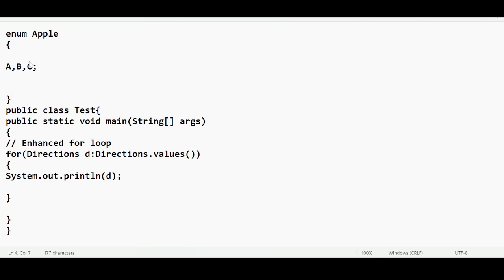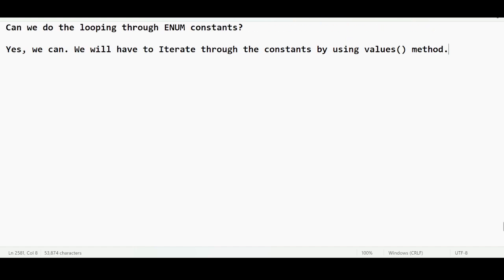Likewise, there are 3 grades: A grade, B grade, C grade. One is A grade, second is B grade, and the third is C grade apple.